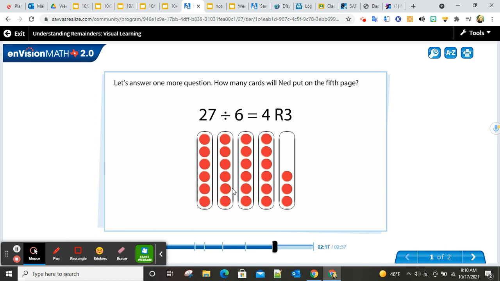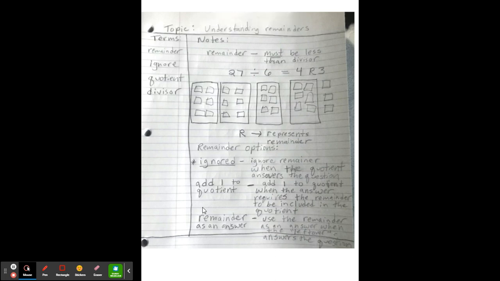So this brings us to the third option for our remainder, how to use it when you're finding an answer. So in my notebook, I wrote down the last option for remainders. If you notice, the last one I wrote was remainder as an answer.